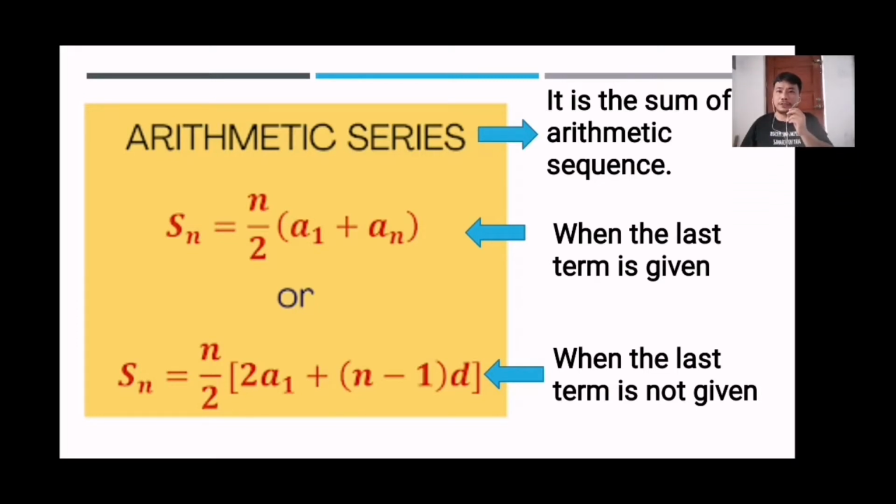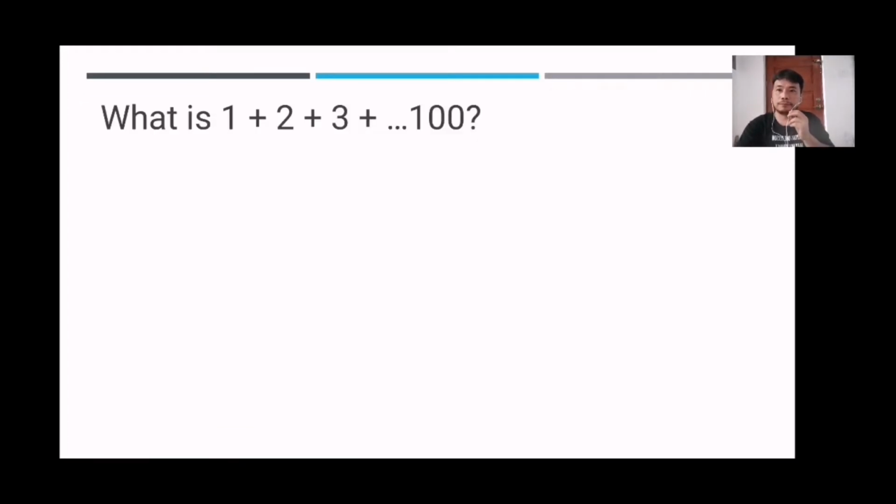Okay, so let's continue. Let's go back with the problem a while ago. What is 1 plus 2 plus 3 plus up to 100? Or meaning to say, ano ang sum ng 1 to 100? Sabi nga kanina sa kwento, nasagutan lang daw ito ni Carl in seconds of time, meaning hindi pa umabot ng minuto.